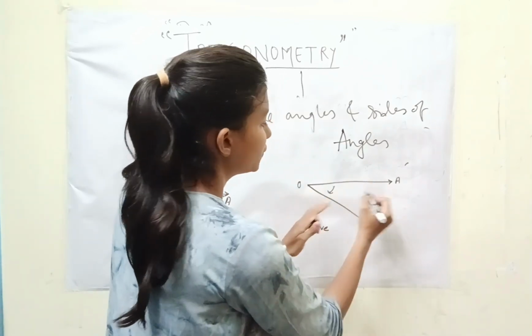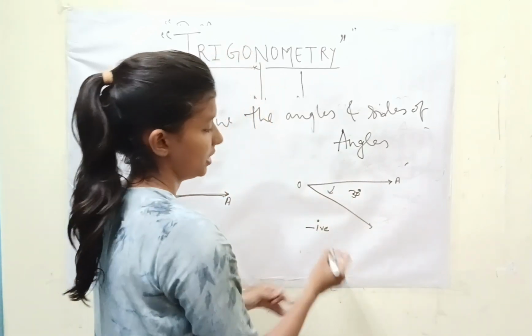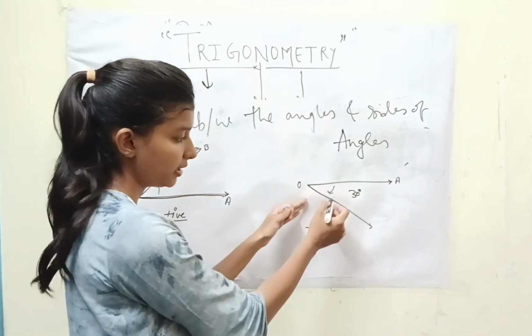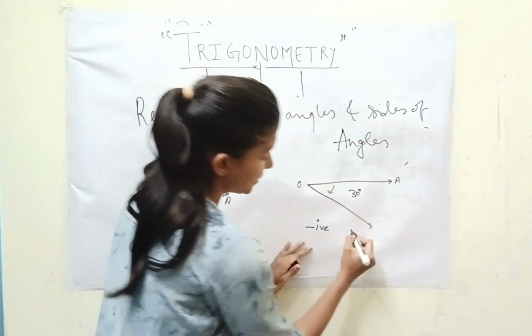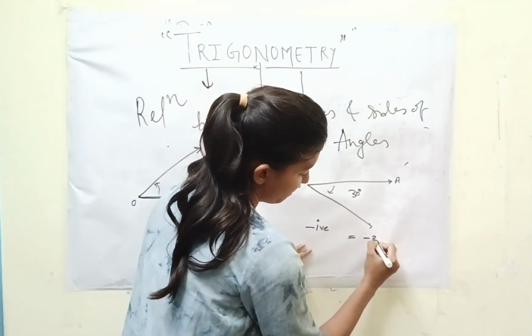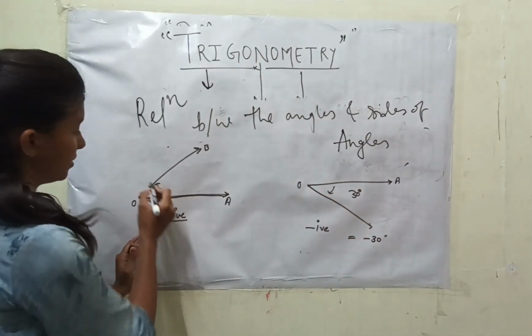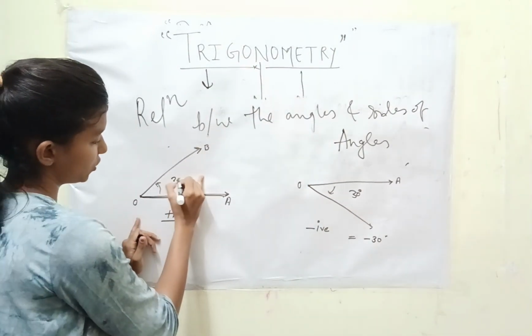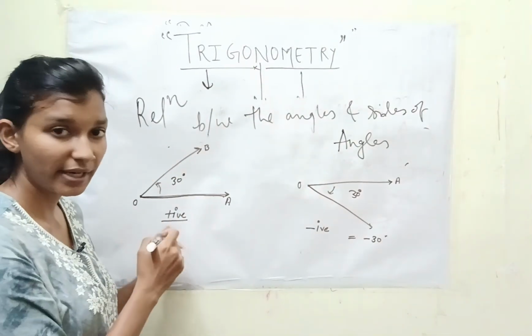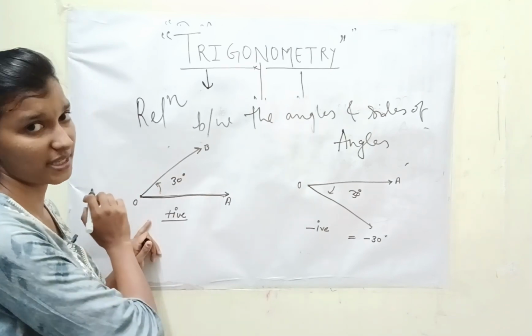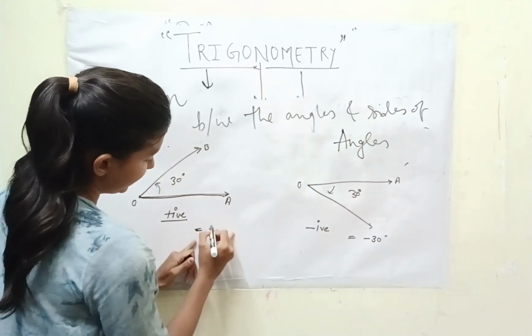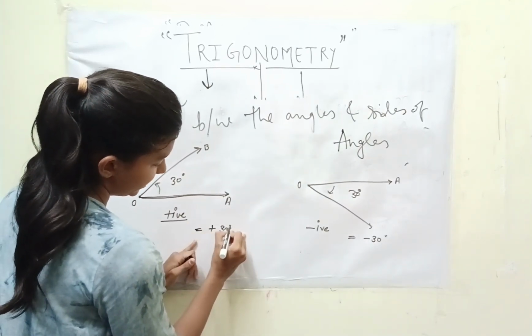Suppose this is an angle of 30 degrees, but we have calculated it in clockwise direction. That's why we will write it as minus 30 degrees. And suppose it is also 30 degrees, but we have calculated it in anti-clockwise manner, then it will be written as plus 30 degrees.